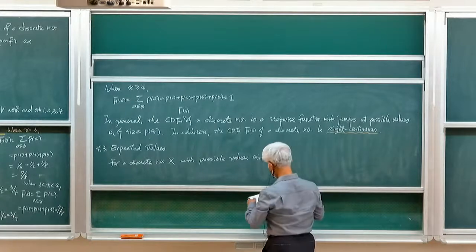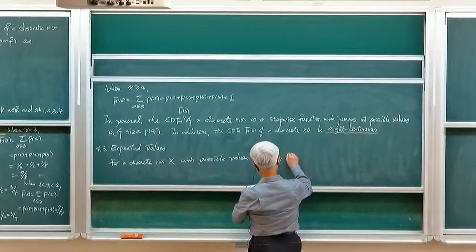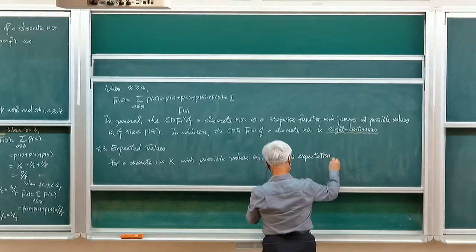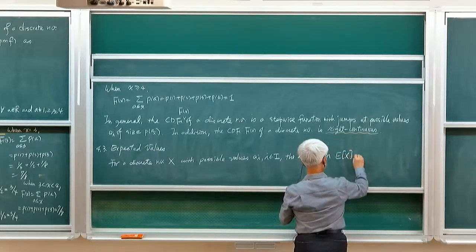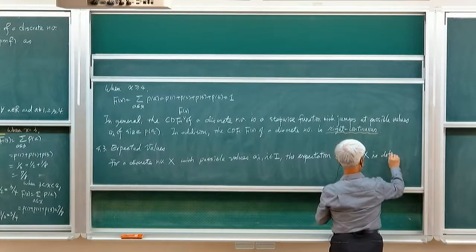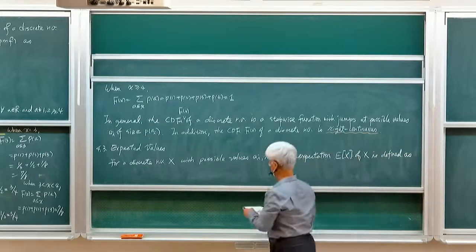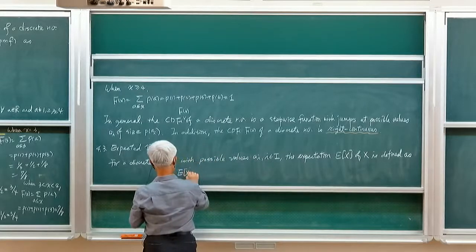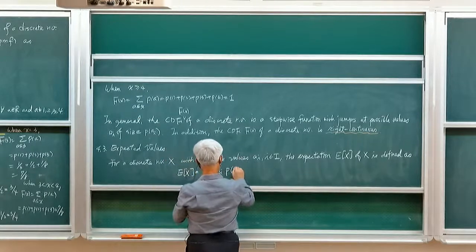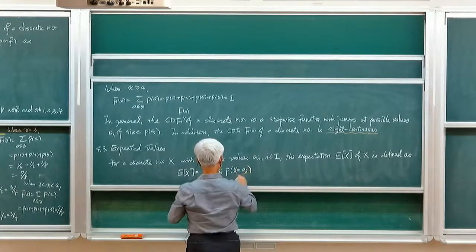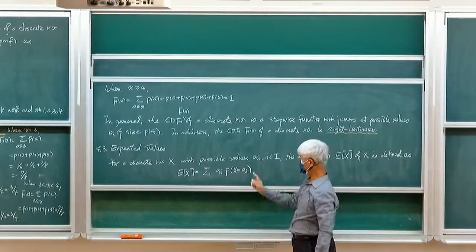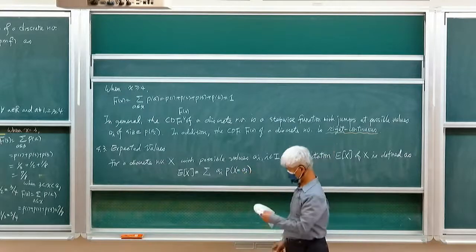All right, and so we will sometimes want to know the expectation, denoted as E of X, of this discrete random variable. It is defined as the weighted sum of possible values, and the weight is just the probability that this random variable is equal to this particular possible value.